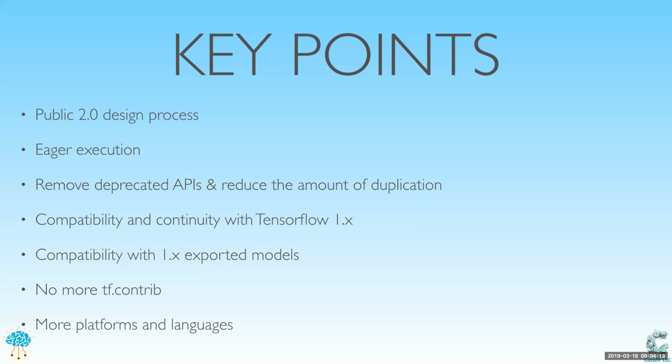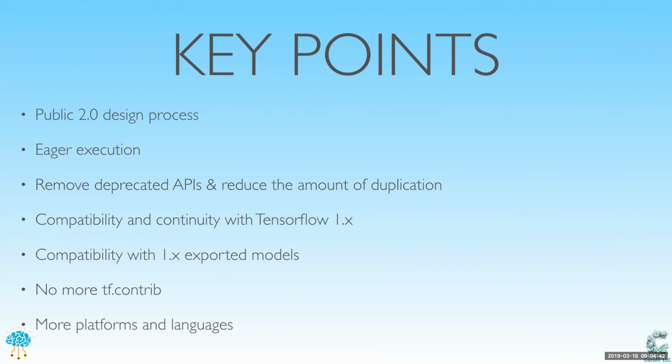The biggest change, and we'll talk a lot about that, is the fact that eager execution becomes, with TensorFlow 2.0, the default mode in TensorFlow. So that gets rid of the graph altogether. And the third big change, which we'll talk about today, is that a lot of the old APIs have been deprecated and restructured to reduce the amount of clutter and duplications.